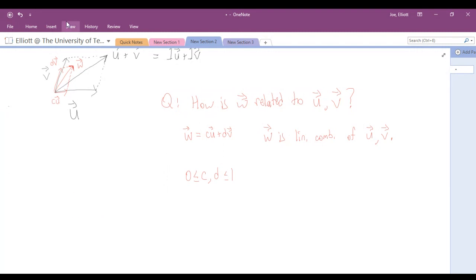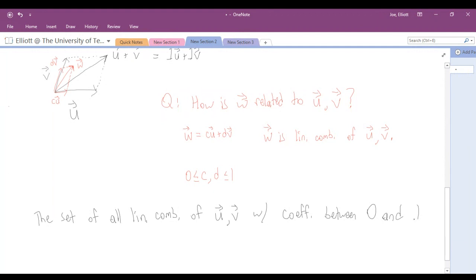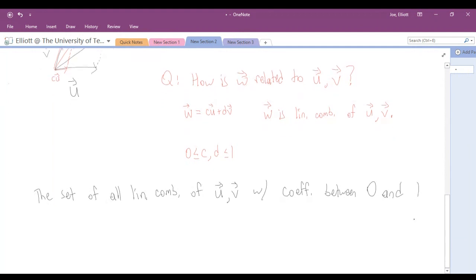And we can conclude that the set of all linear combinations of these vectors u and v with coefficients between 0 and 1, all right, this set of all linear combinations would be visually represented by the parallelogram formed by u and v.